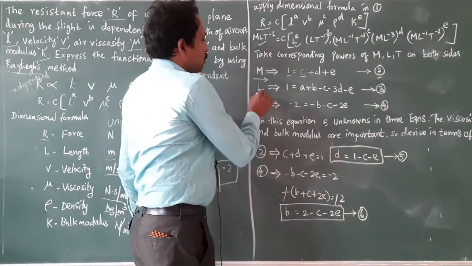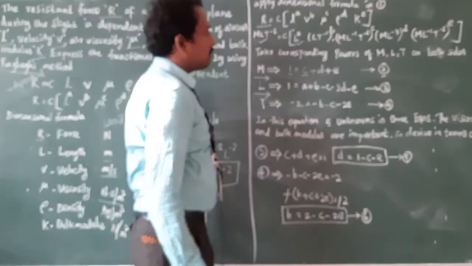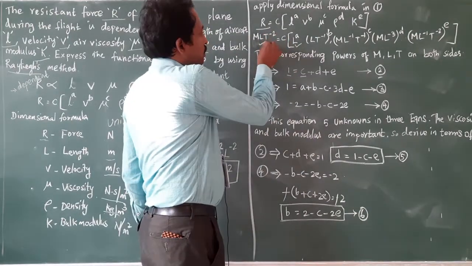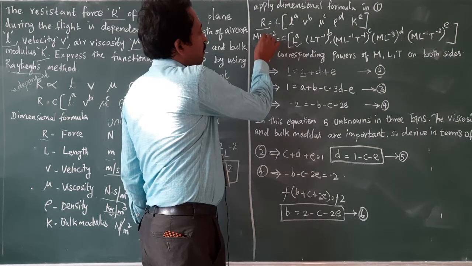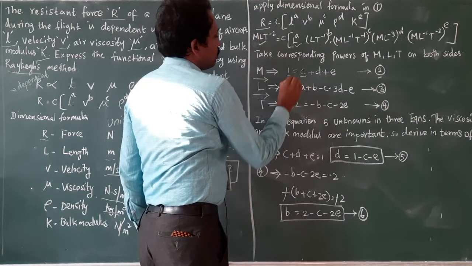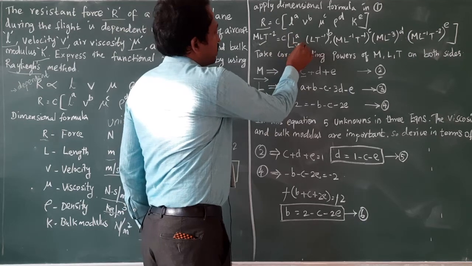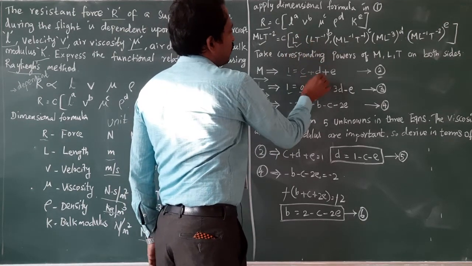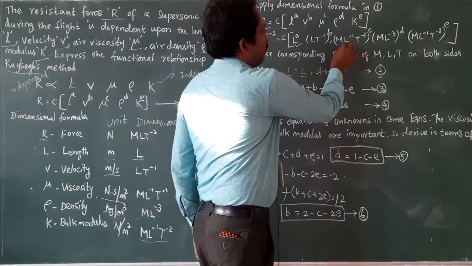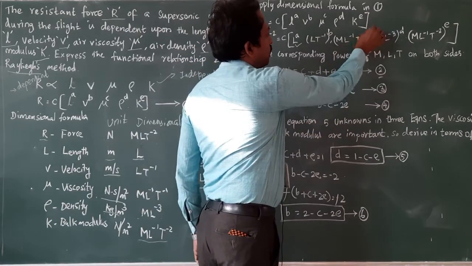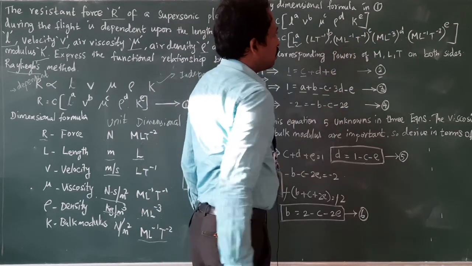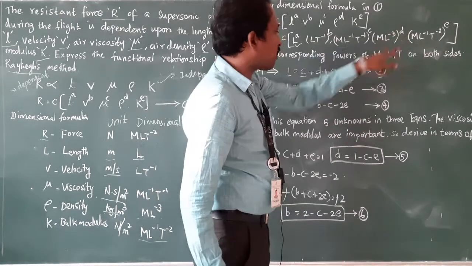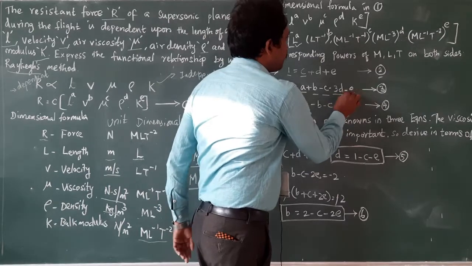Next, the power of L. Similarly, we need to find out the power for L. Left hand side, the L power is 1. So, 1. Right hand side, L power is A. Here L power is B. Here L power is minus 1, minus 1 into C is minus C. Next, L power is minus 3 whole to the power of D, so minus 3D.